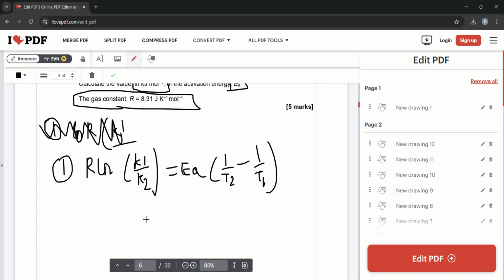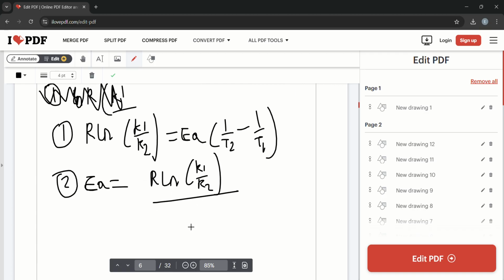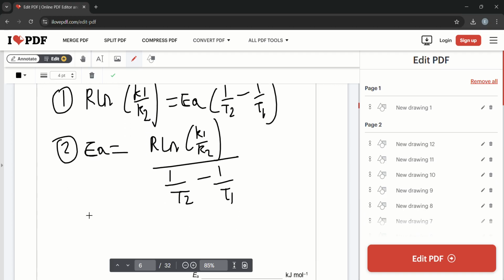And therefore to find EA, activation energy is just going to be R ln K1 divided by K2, divided by 1 over T2 minus 1 over T1.